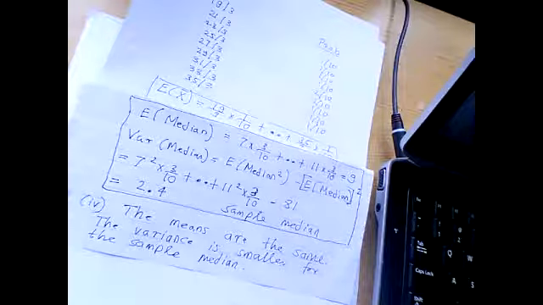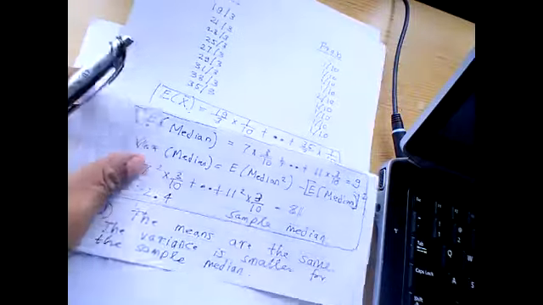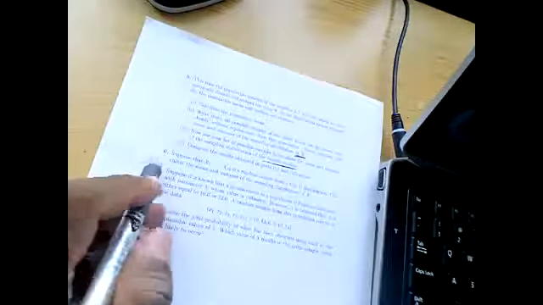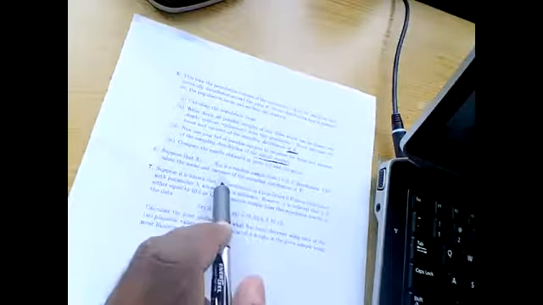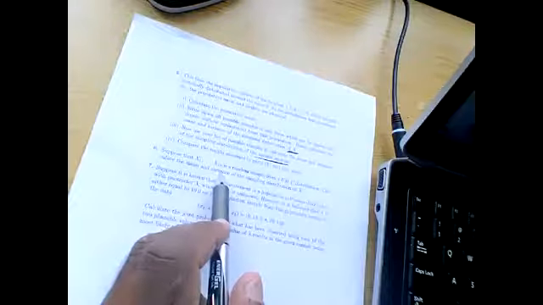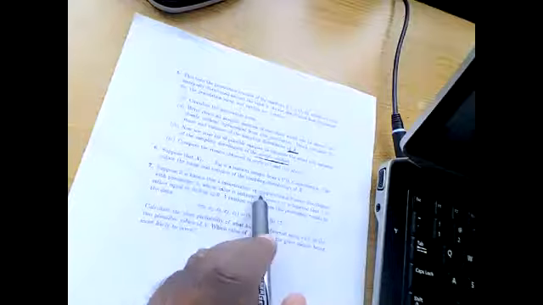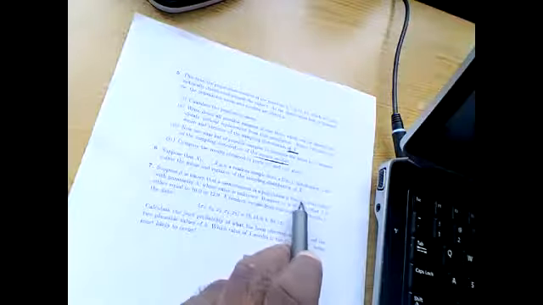Okay, now let's go to the next question, question 6. So we just have 2 questions left. Question 6: if you have a random sample of size 10 from the uniform distribution on the interval 0, 1, find the mean and the variance of x bar.